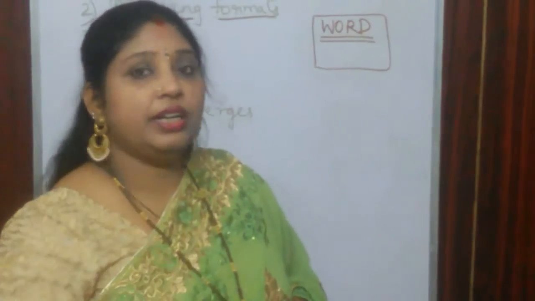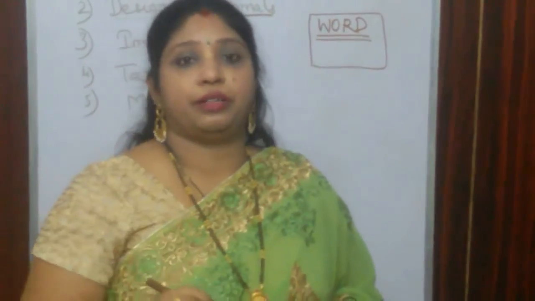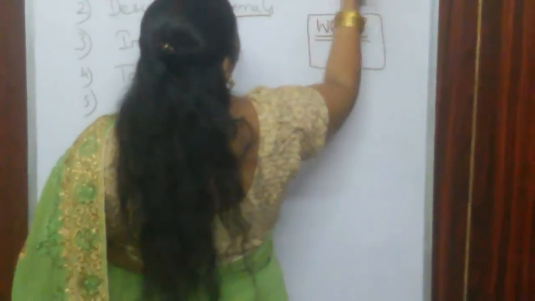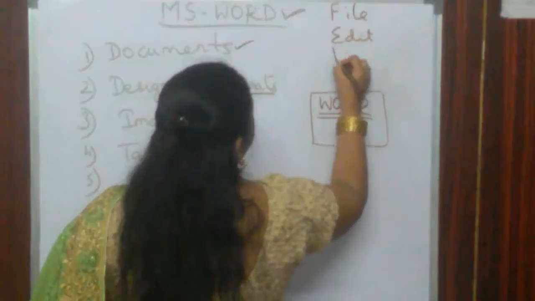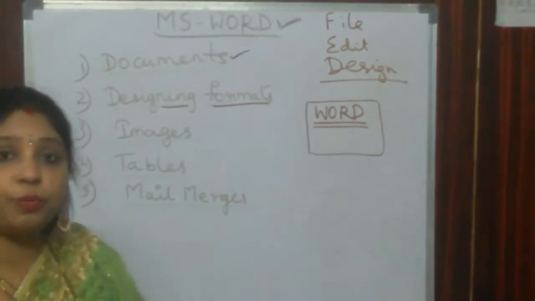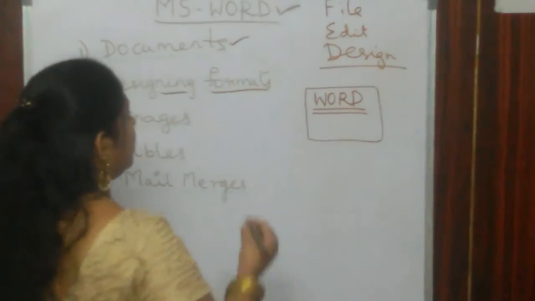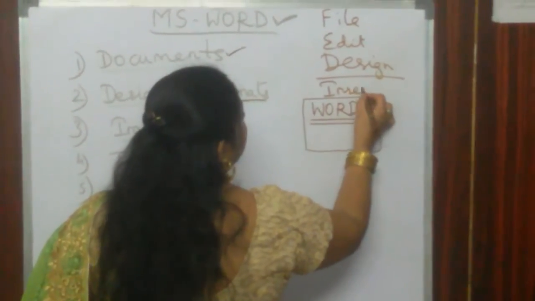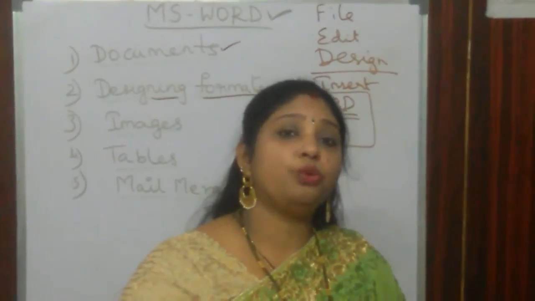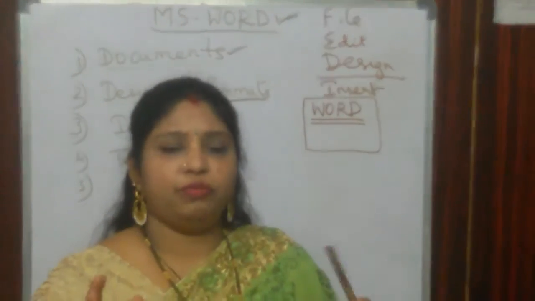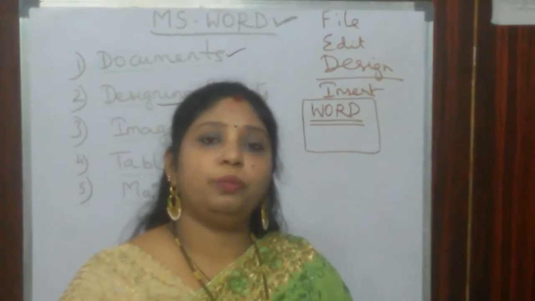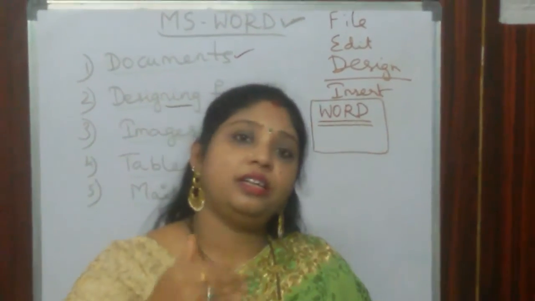Earlier I said that in the menu bar you have options like File, Edit, Design. Design options will be there, Insert option also will be there. All these options I will be dealing with in my practical session. Before that, I want to say how to design the page. You just have to click on the Design option, enter those options and select whatever you want.